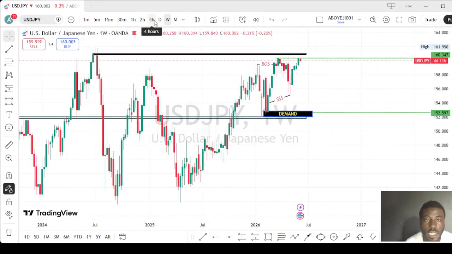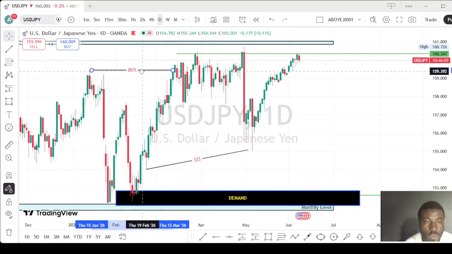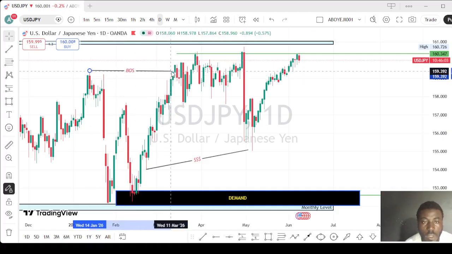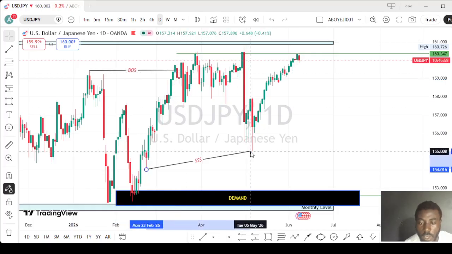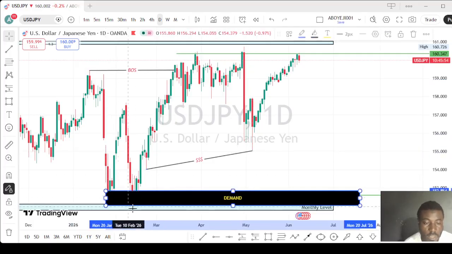So let's move to daily time frame. Let's see what daily time frame asks for. This is daily time frame. If we define the structure, this is it. This is a break of structure here, and this is a liquidity here, and you can see this is a demand.